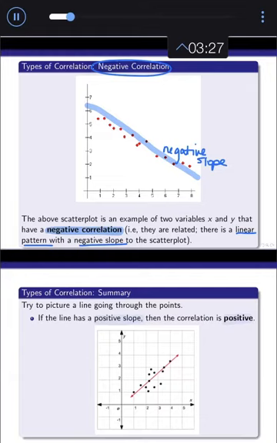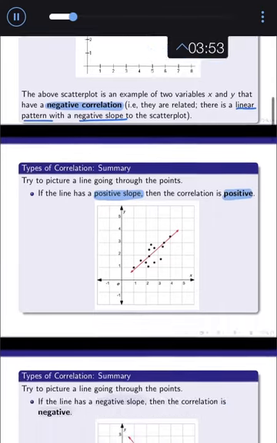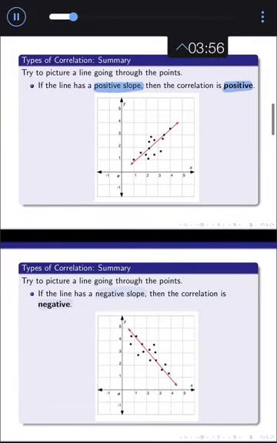So again, just a quick summary. If I were to draw a line going through the points that kind of represents the points in the scatter plot, if it has a positive slope, then the correlation is also positive. If we look at this next one, if the line that you're drawing that is shaped like your points has a negative slope, then we're going to say that the correlation is negative.